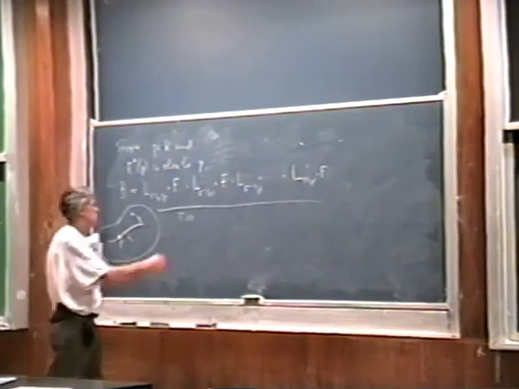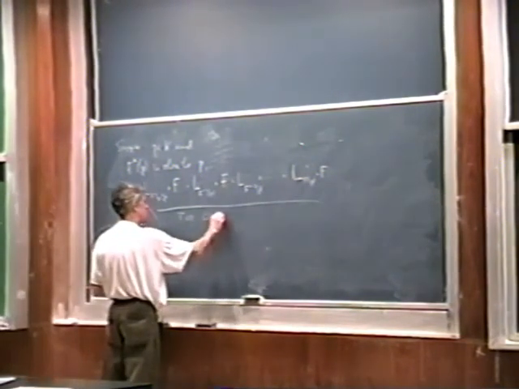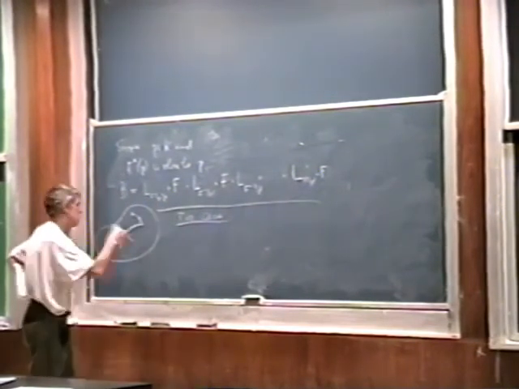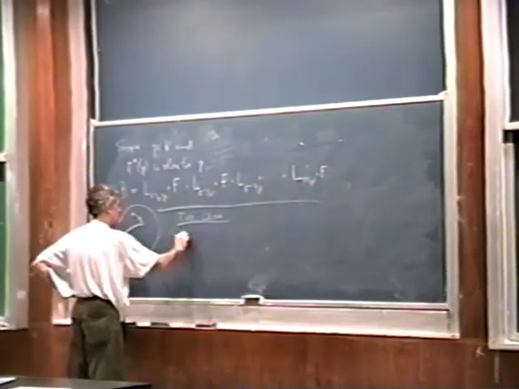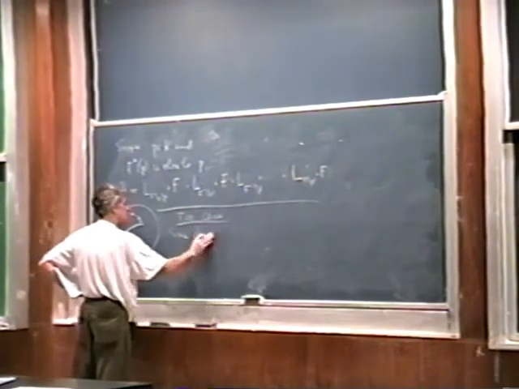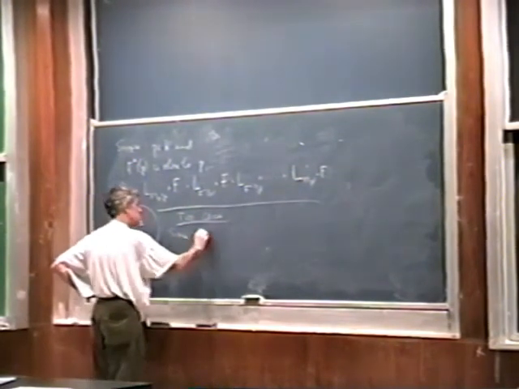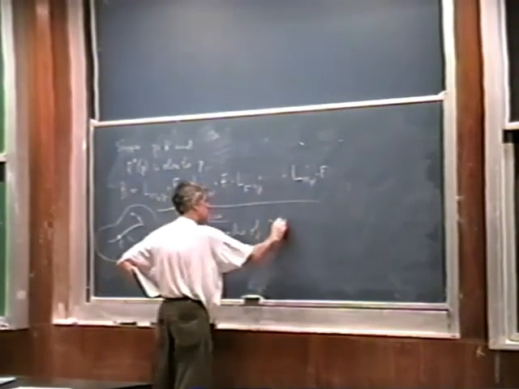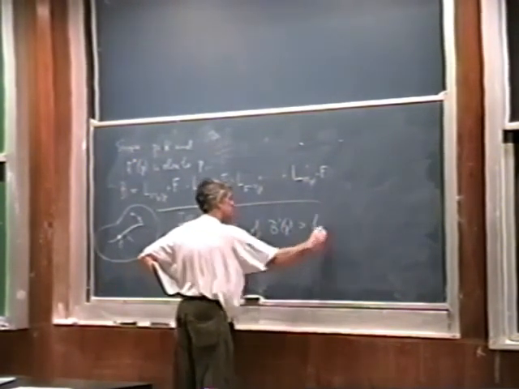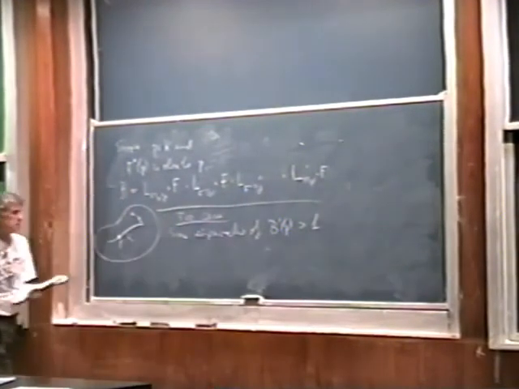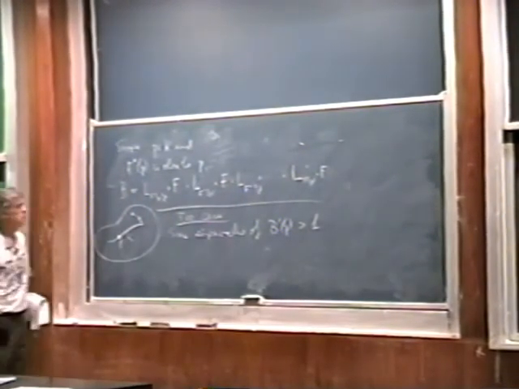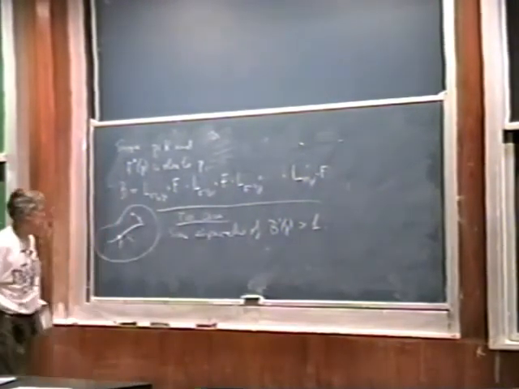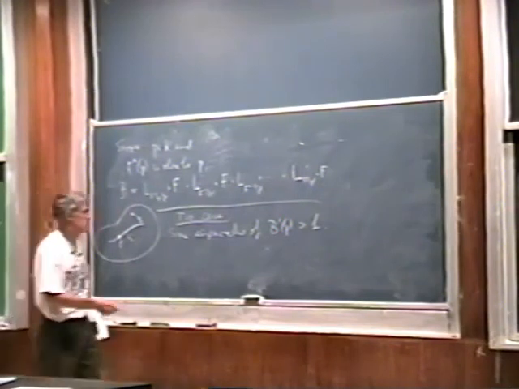So there are two cases. If you look at this, some eigenvalue of the derivative of B prime at p is larger than 1 in absolute value. So that's the expanding case. In that case, what is the picture?